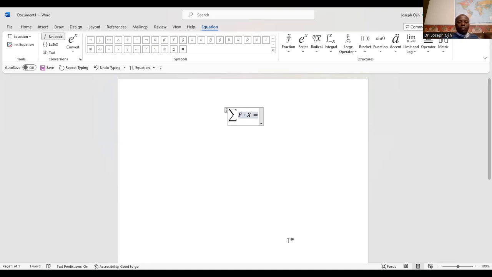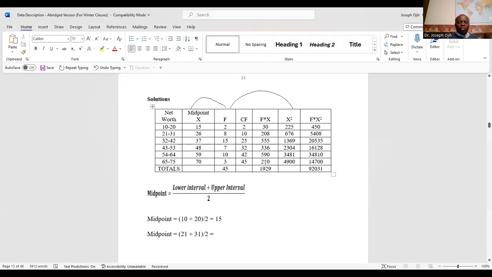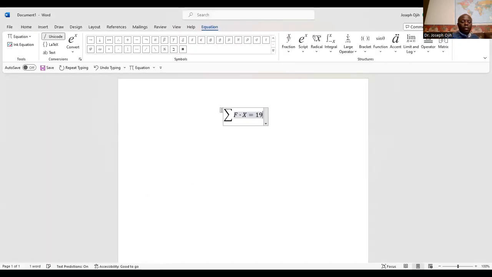We can get it from the total we have here. You can see the f times x, see the sum here, 1929. So I'm gonna put 1929. And sum of the frequencies, sum of f, equal. You can get it from our table.